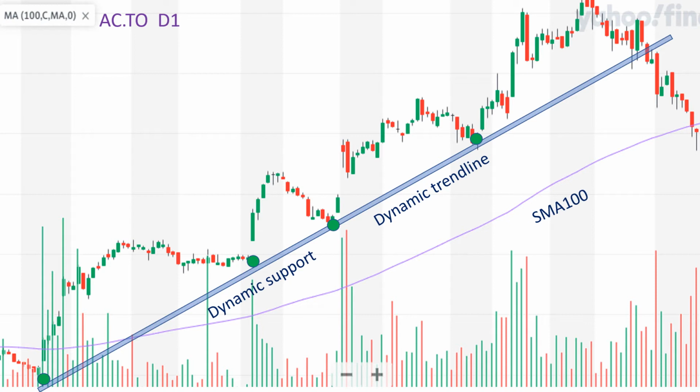Now, in order to find the entry point, you go to one step lower time frame. Here is D1, so you go one step lower, it's H1 time frame. You go to an H1 time frame and you find some patterns and formations that you can enter the market, or if you do not know those patterns, you can blend. I show you a couple of examples.